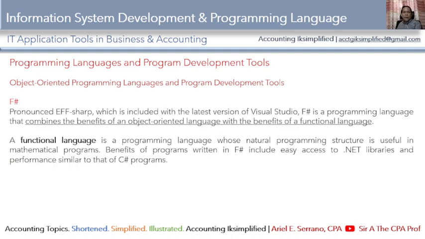Okay. F#. Pag F# naman, it combines the benefit of an object-oriented language with the benefits of a functional language. Pag functional language, that is also a programming language, pero yung natural programming structure niya is very useful for mga mathematical programs. Okay? And ito for easy access to .NET libraries and performance similar to that of the C#.